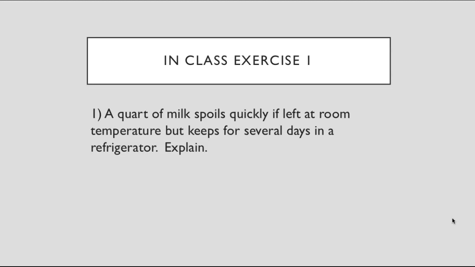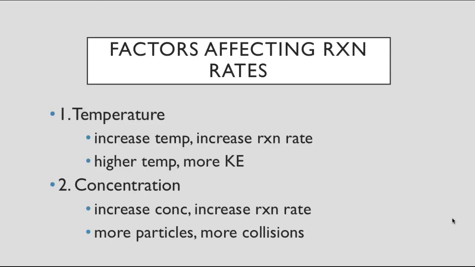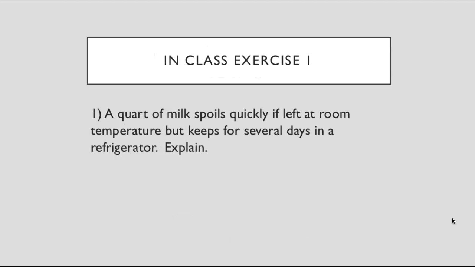Explain. Right, so let's go back and look at the factors that affect reaction rates. The first one was temperature. We said that when you increase the temperature, it increases the reaction rate. So milk spoiling is a chemical reaction.